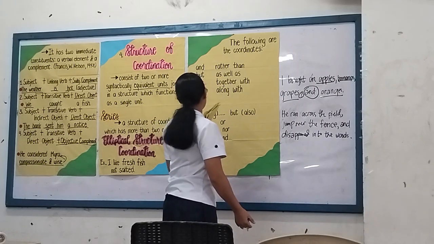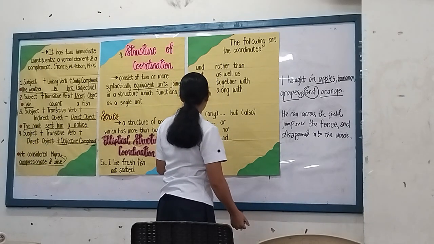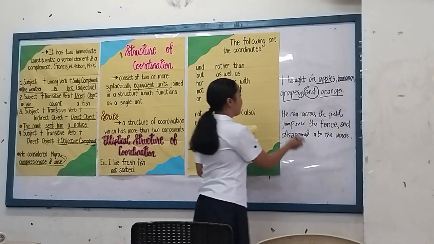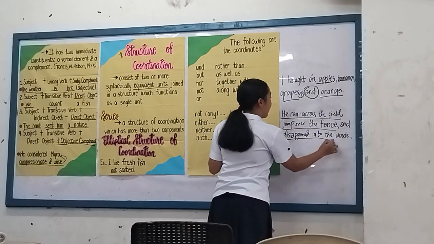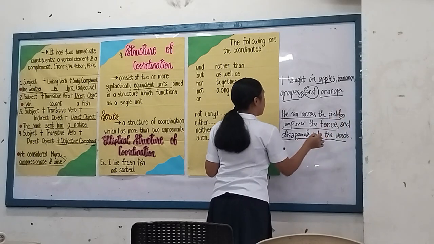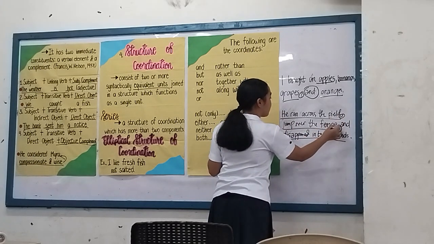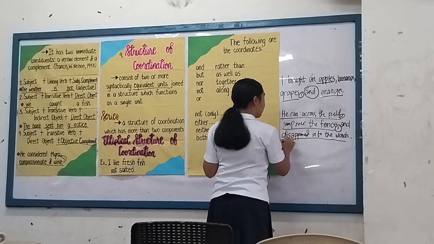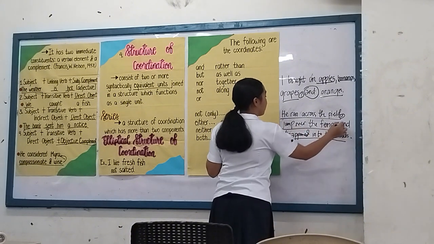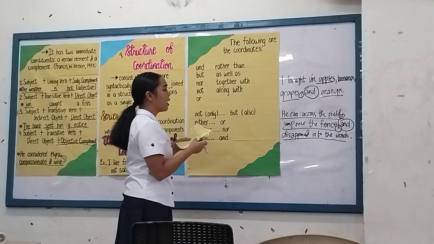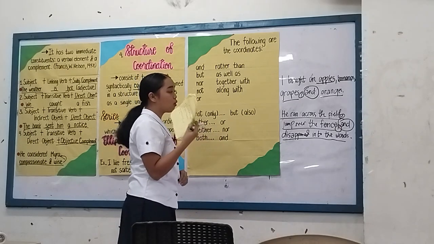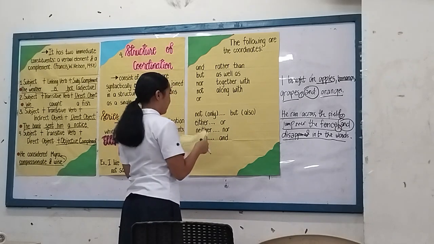In a series, it consists of more than two components, so it has three components. We ran across the field, separated with a comma, jump over the fence, and then another comma, and then the last unit is joined with the use of the word and. So that is what we use in a series, with the use of commas and then coordinating conjunctions.